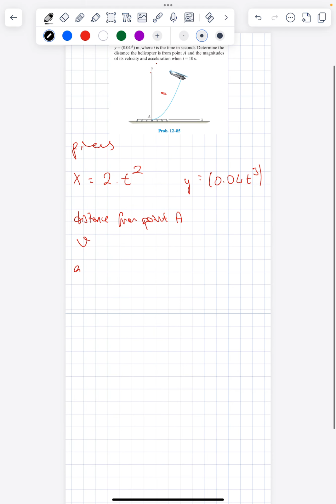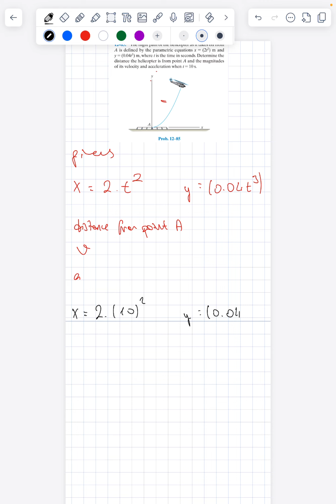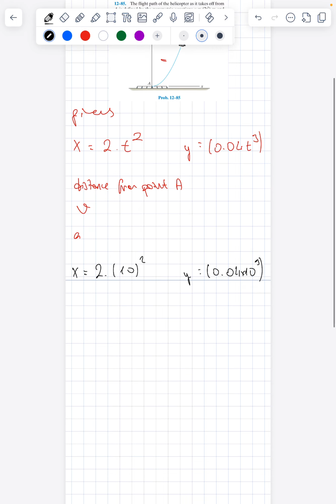So x is equal to 2 times 10 squared and y is 0.04 times 10 cubed. So x is equal to 200 meters and y is equal to 40, or 40 meters.